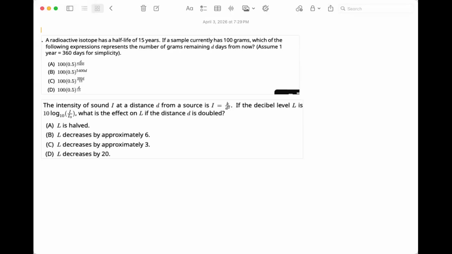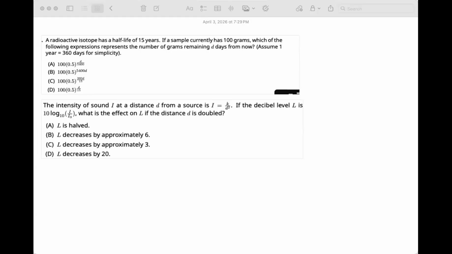Yeah. So I equal to k by d square. Okay.